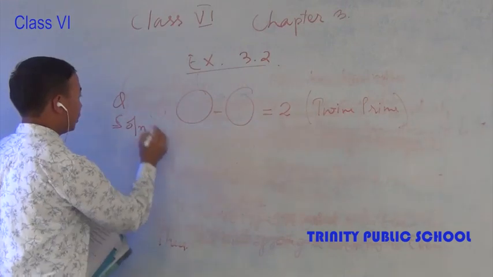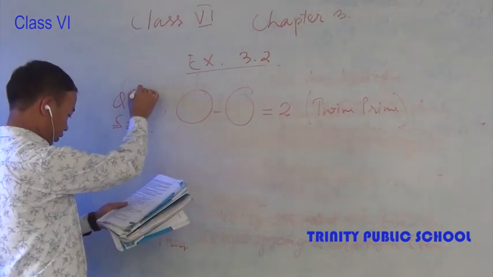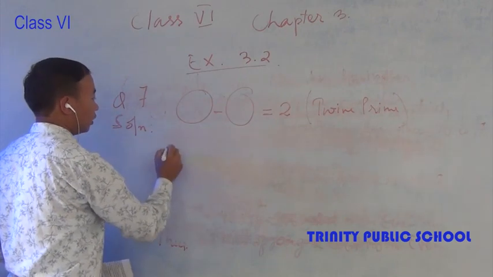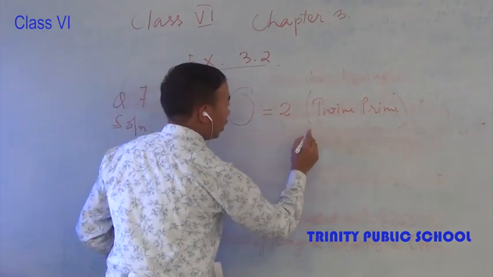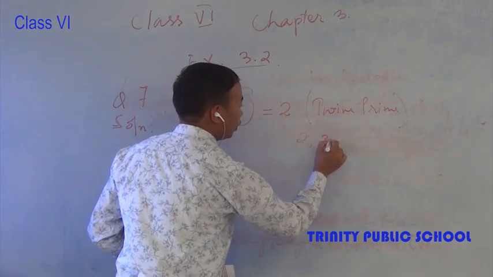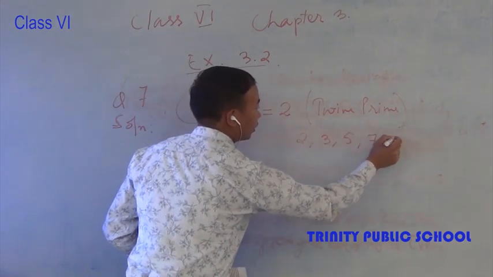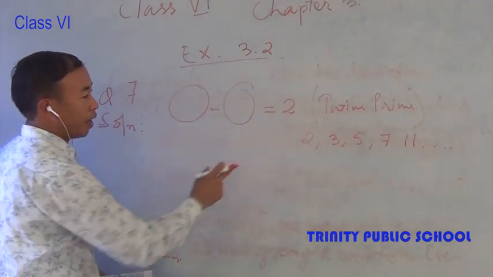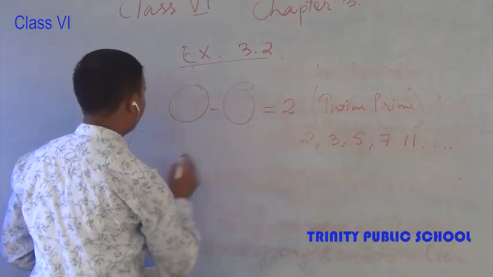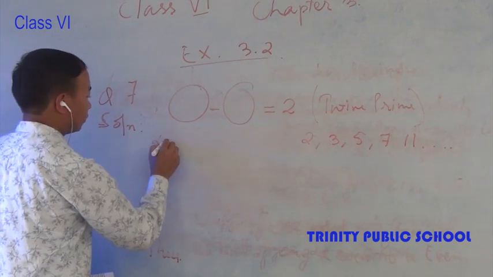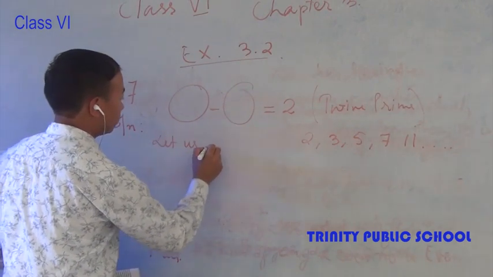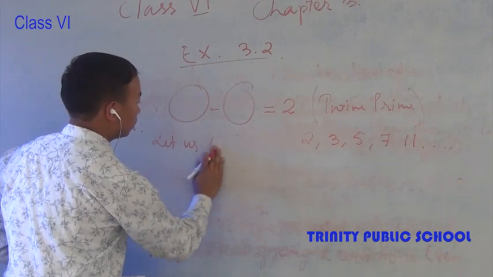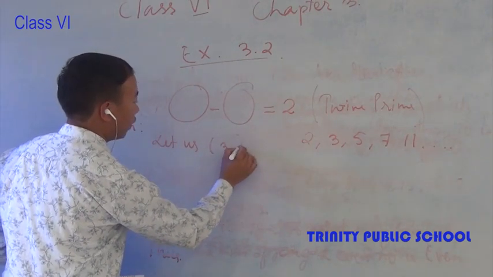So let's see example question number 7. We know that prime numbers start from 2, 3, 5, 7, 11 like this. You can choose any prime numbers whose difference is 2. 3 and 5.